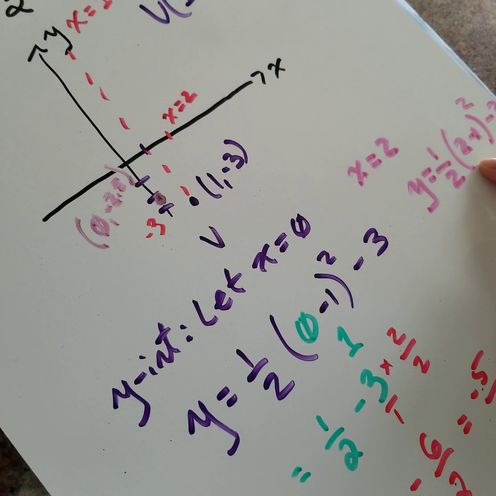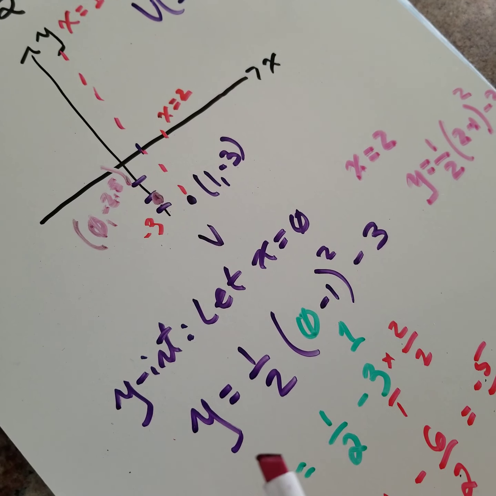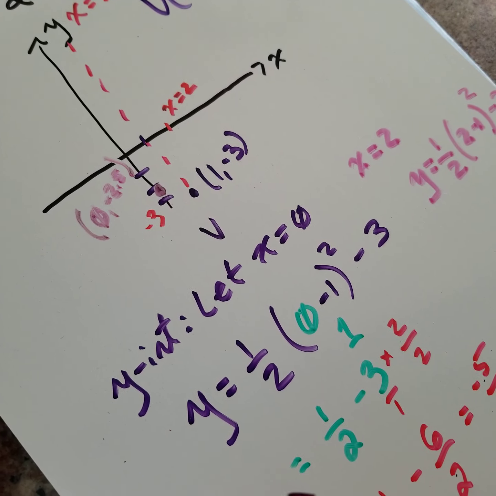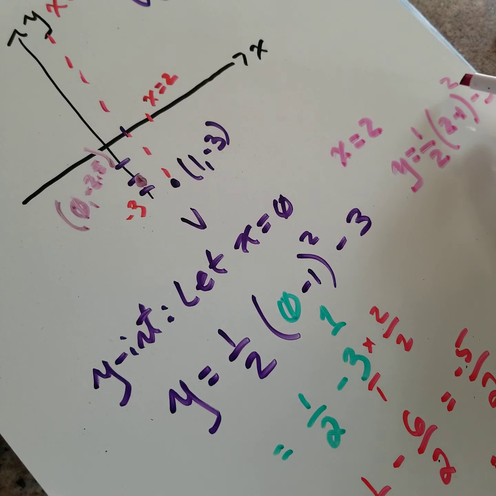So again, 2 minus 1 is going to give us positive 1. Positive 1 squared is just going to be 1 as well. I'm going to multiply this 1 by a half. I'm still going to get a half minus 3.